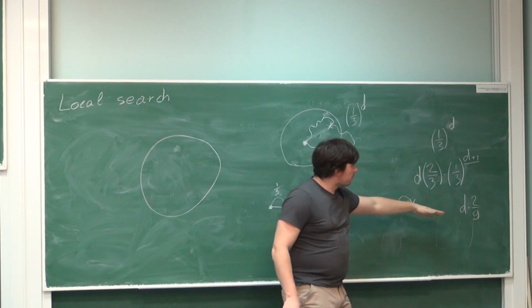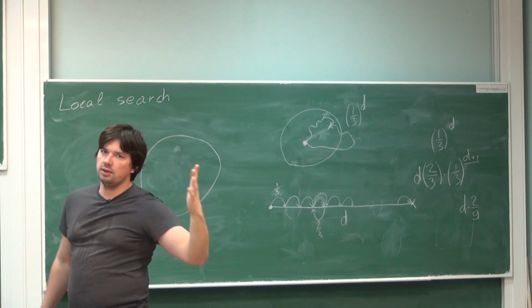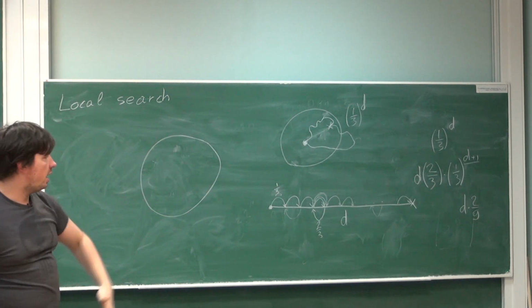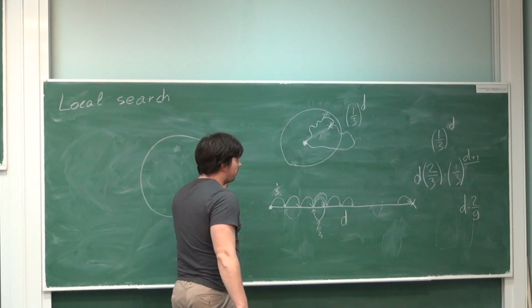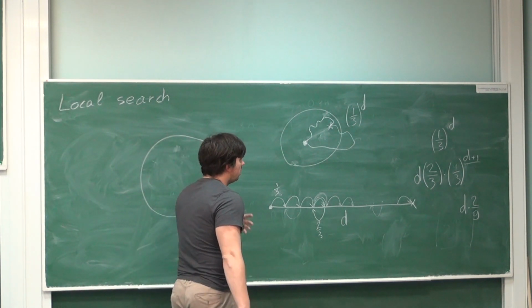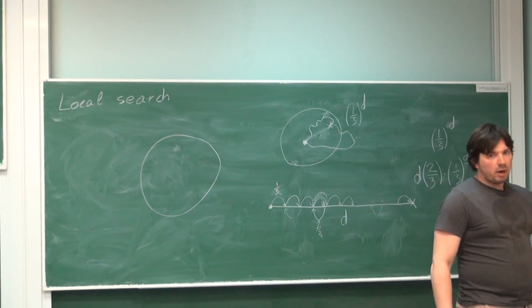So by allowing just one hop back in this walk, I increase my chances by some fraction of n, which is amazing. So it turns out that I actually can allow a bunch of hops.